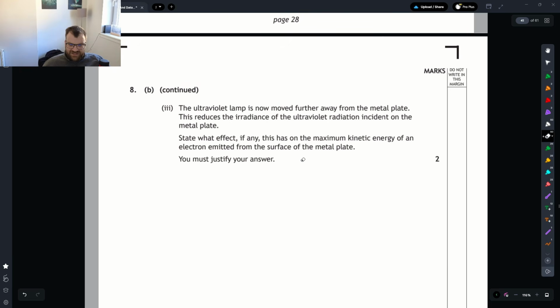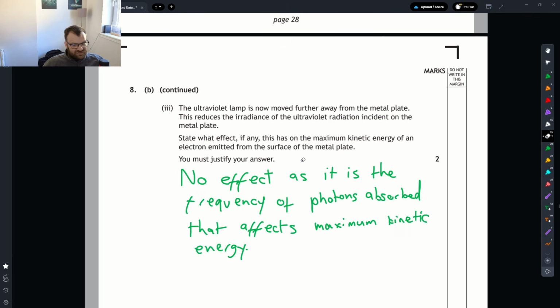And next we're asked about moving the lamp away and asking if that will affect the maximum kinetic energy of the electron emitted. The energy emitted is to do with the frequency of the photons, not the distance, not the irradiance of it.